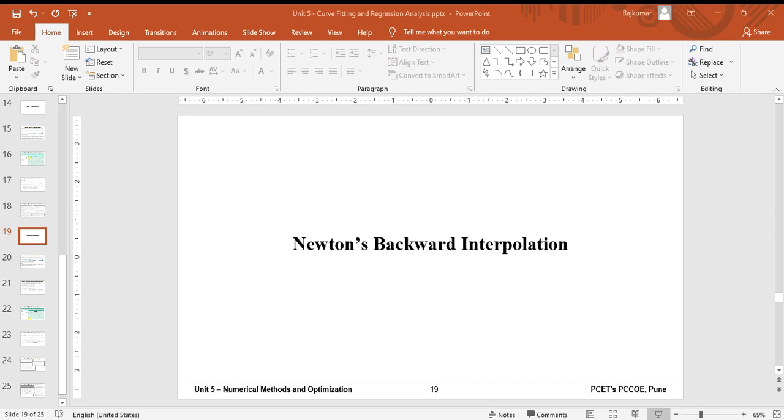So directly we will go to the problem and try to understand how to use this method. The table gives the distance in nautical miles of the visible horizon for the given heights in feet above the earth's surface.